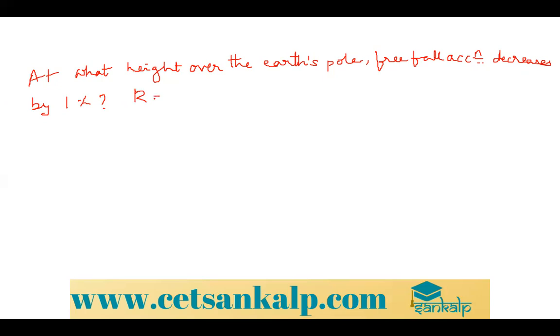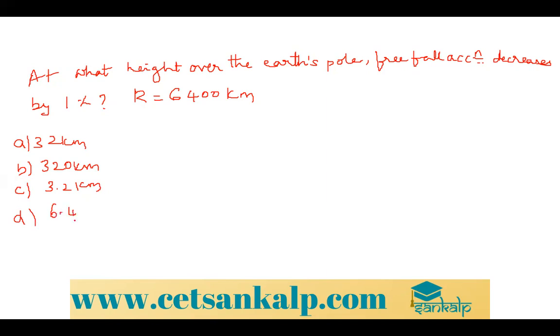The radius of the Earth is 6,400 kilometer. Okay, at what height over the surface does free fall acceleration decrease by 1%? So they have given 32 kilometer, 320 kilometer, 3.2 kilometer, 6.4 kilometer.